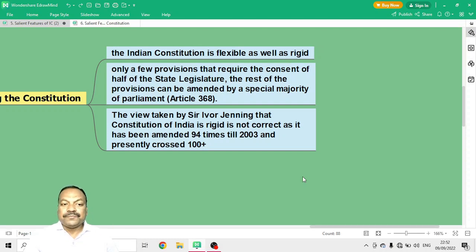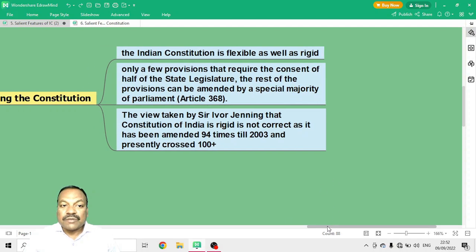Article 368. Now, Sir Ivor Jennings has taken a view that the Constitution of India is rigid, which is not correct, as it has been amended 94 times till 2003, and presently we have crossed 100 plus amendments in our constitution.